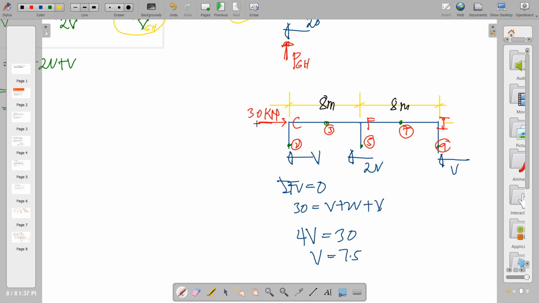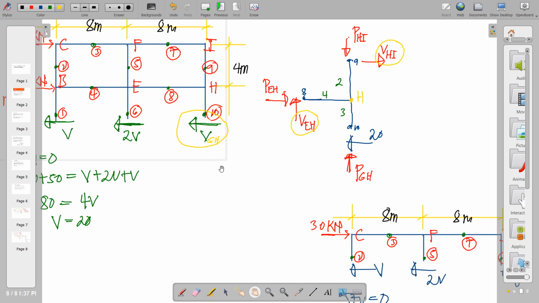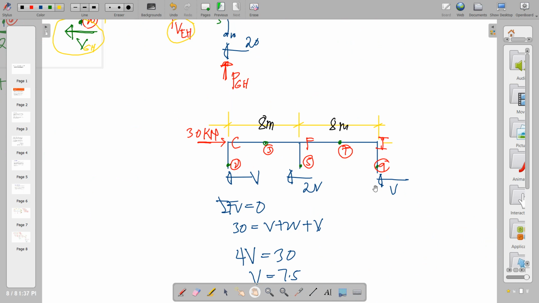And of course, we will be needing the shear at HI, this one, which is actually this. And that is 7.5 as computed here.